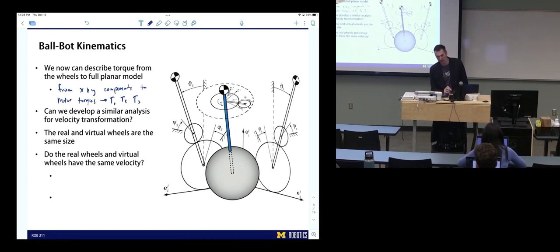Okay, the real wheels and the virtual wheels are the same size, the same diameter. Do they have the same velocity? Remember, these are our virtual wheels. Do those wheels have the same velocity as our real wheels? No, why not?